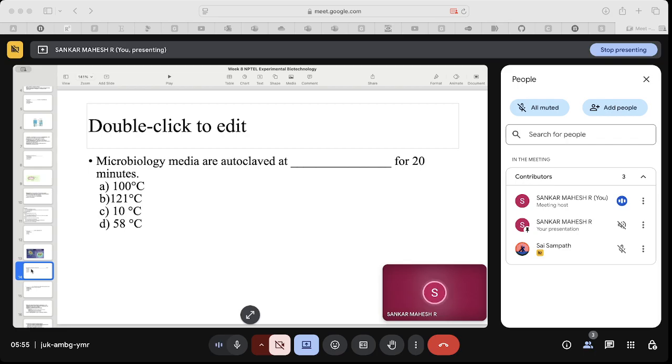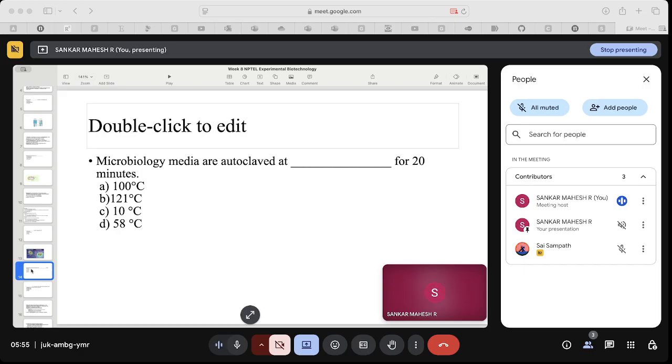And next is a question that is just a practical application. Microbiology media are autoclaved at dash for 20 minutes. 100 degrees Celsius, 121 degrees Celsius, 10 degrees Celsius, and 58 degrees Celsius. 121. Yeah, what is this process called? Autoclave. Yeah, so this process of sterilization is called autoclaving.